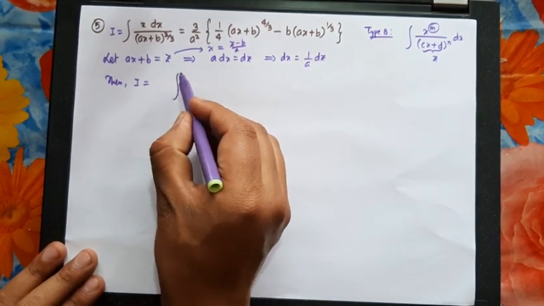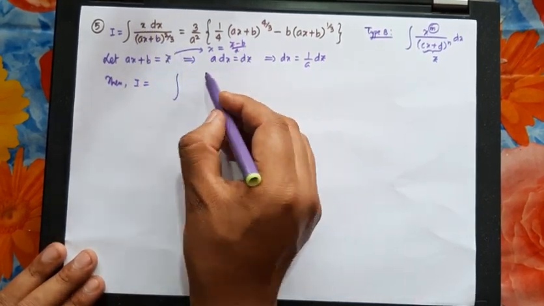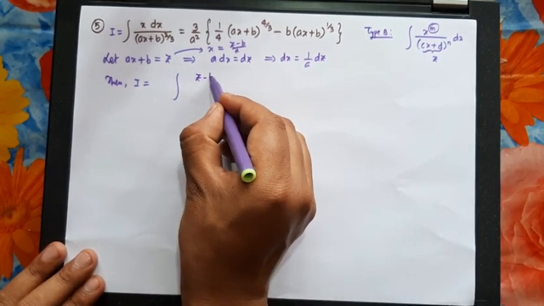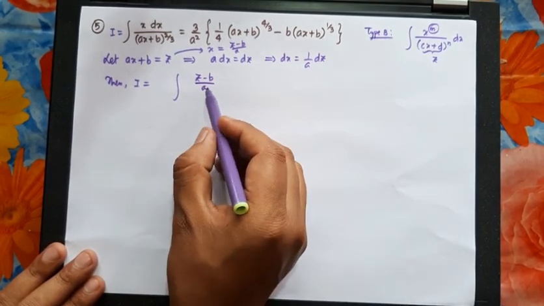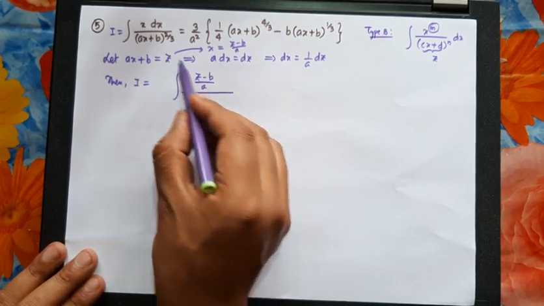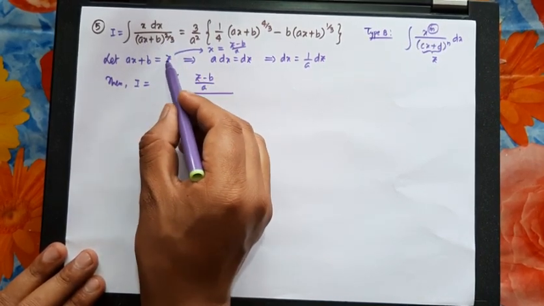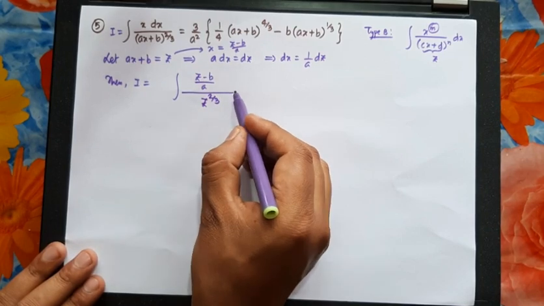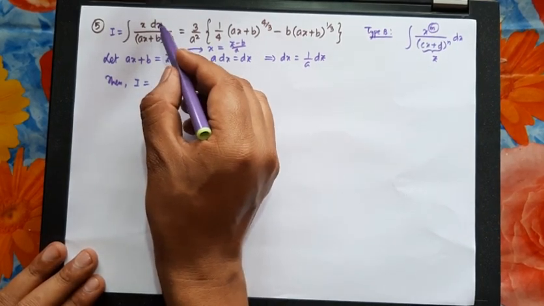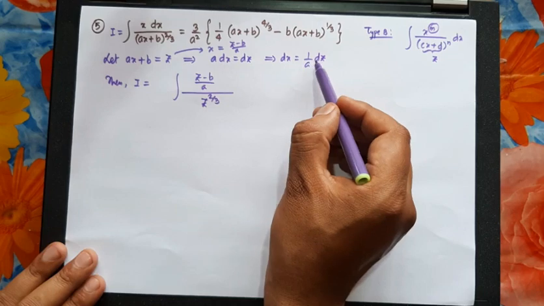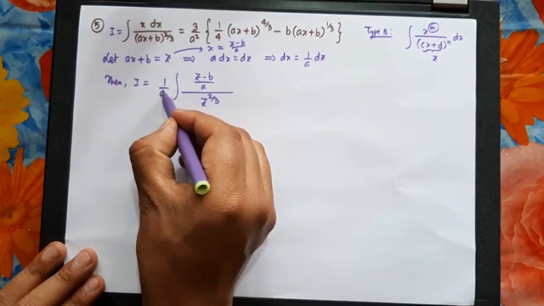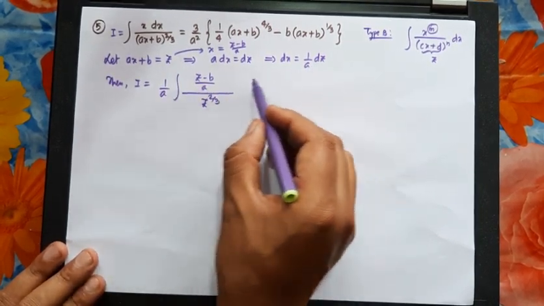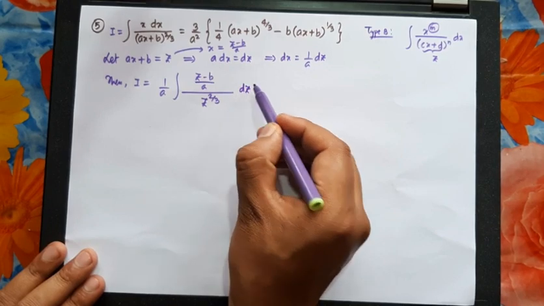So instead of this x I am writing (z minus b) by a, whole divided by (ax plus b) to the power 2 by 3. Now ax plus b is z to the power 2 by 3, and instead of dx we have to write 1 by a dz. So 1 by a comes outside, and we have only dz out here.